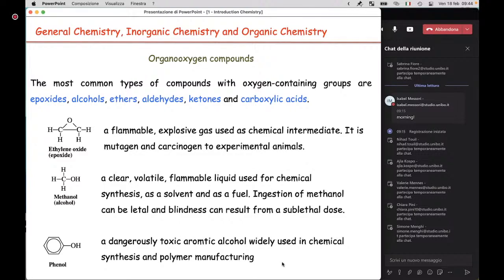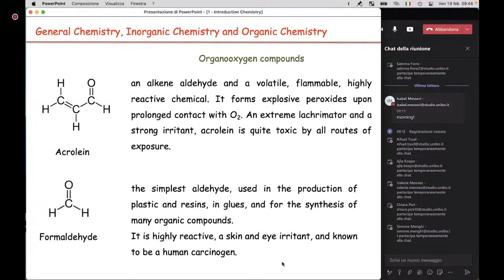So you can see that many compounds can be highly toxic. Here we have a C double bond O group, which is called carbonyl group. If the carbonyl group is at the end of the molecule, we have an aldehyde. This is the simplest aldehyde, formaldehyde.